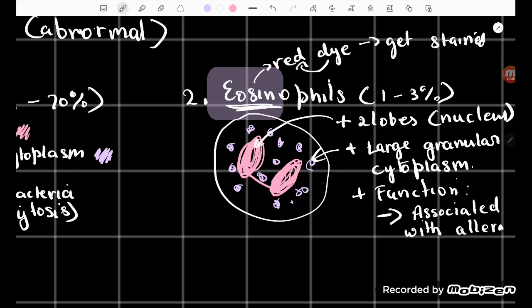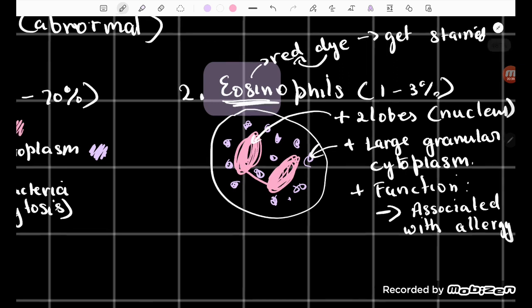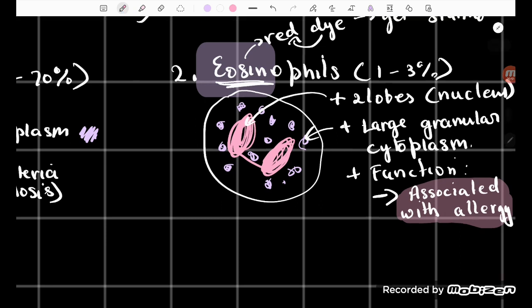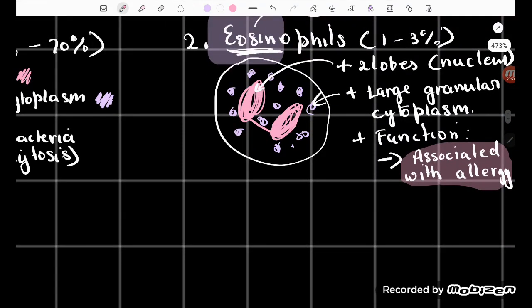If they ask what WBC count increases in allergies, you are going to mark eosinophils.